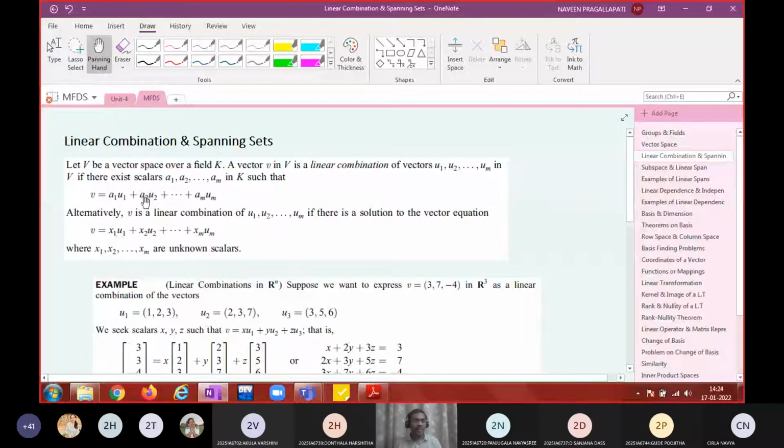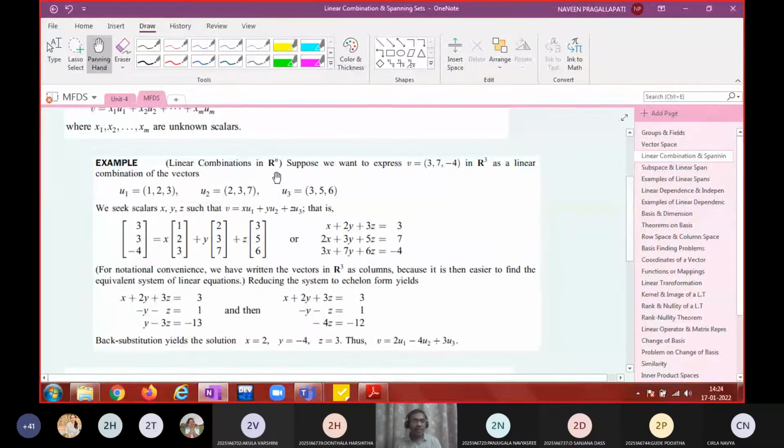An expression of this form is called a linear combination of the given vectors u1, u2, and so on, un. And v is said to be a linear combination of a set of vectors if there exist some scalars a1, a2, and so on, am, such that the given vector can be expressed as a linear combination of the given vectors.